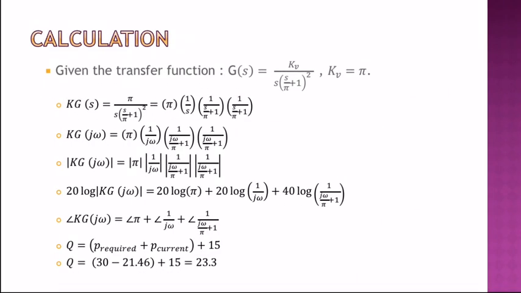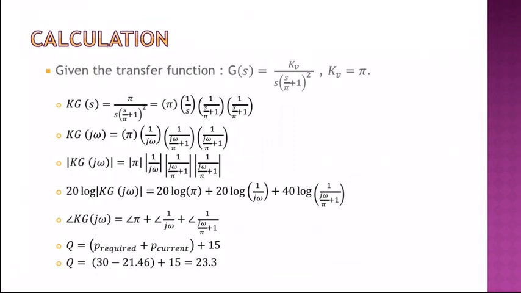Given the transfer function G(s) = Kv / (s/pi + 1)^2, and Kv is equal to pi. So KG(s) = pi / (s/pi + 1)^2.